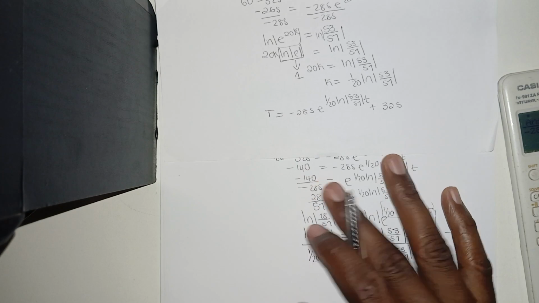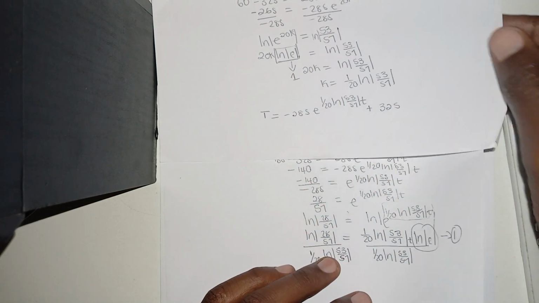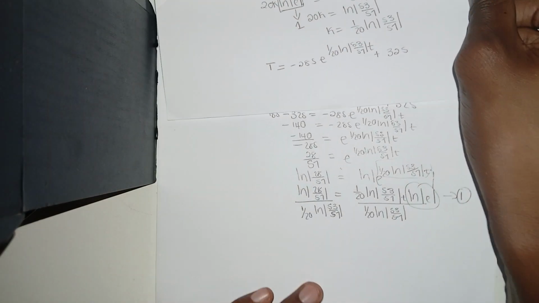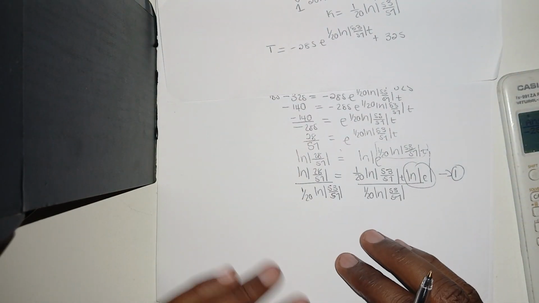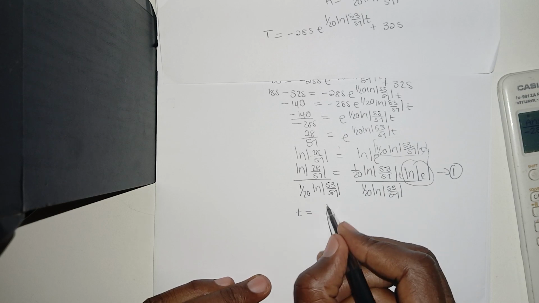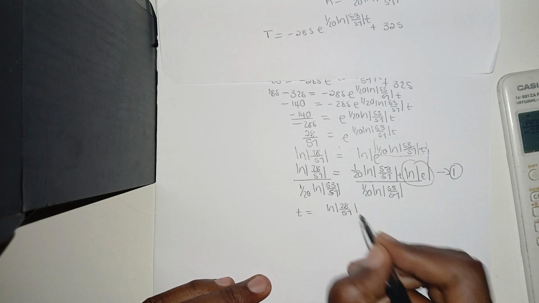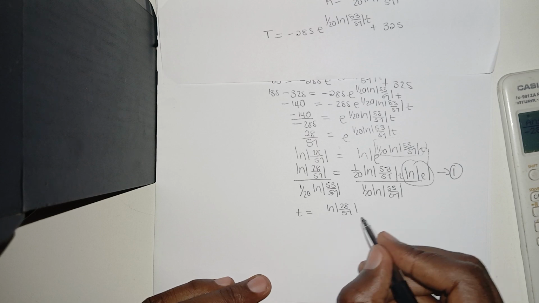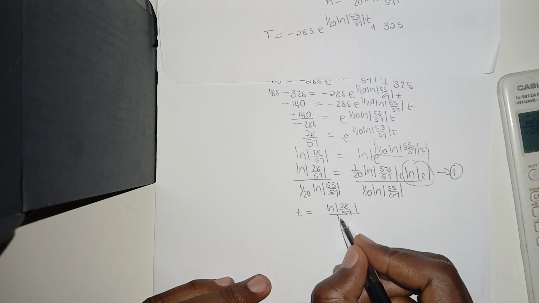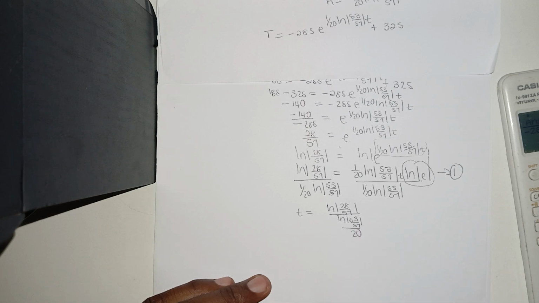So basically our t is equal to ln of 28 over 57 divided by ln of 53 over 57 over 20.